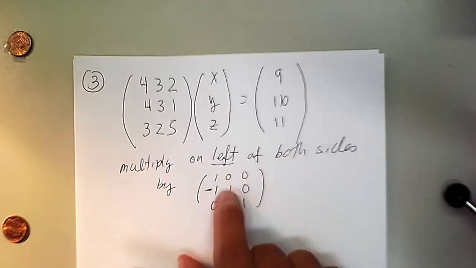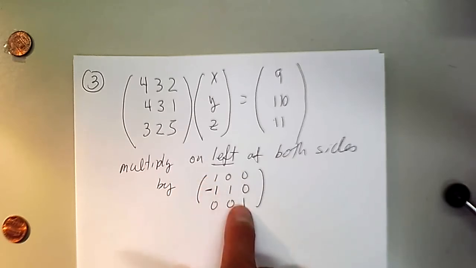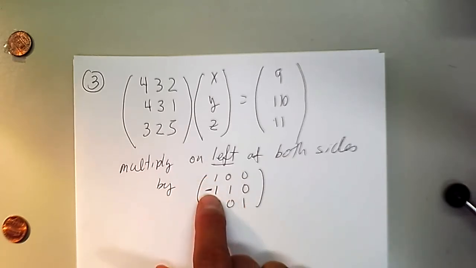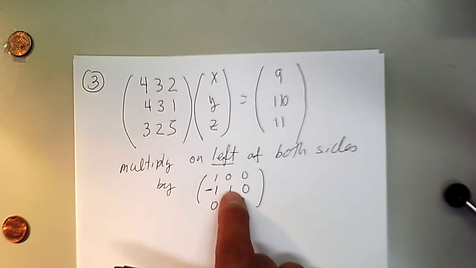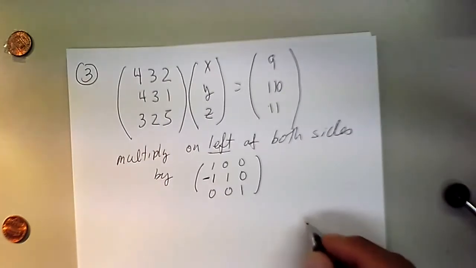So we have the identity matrix, ones in the main diagonal, but this indicates that we're going to take the first row and take it away from the second row. Okay, let's see if that is true.